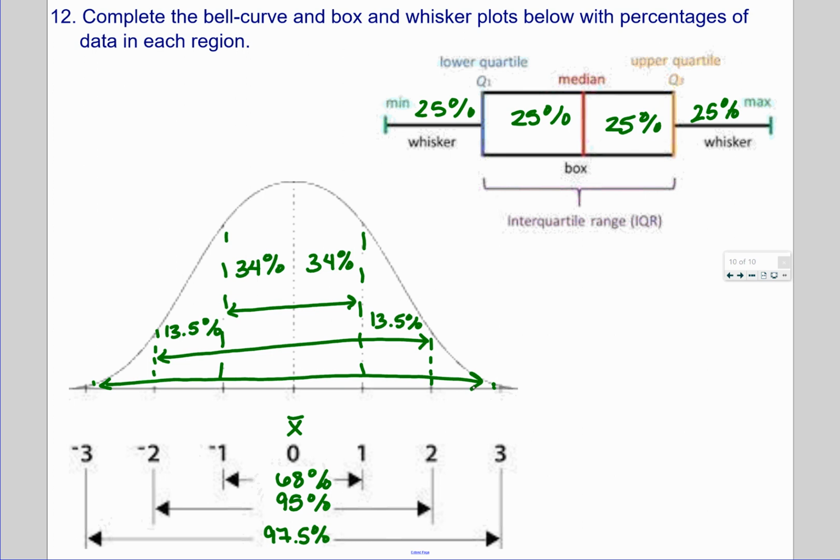And what were those last little percentages? 1.25, 1.35, something like that. Must be 1.25, right? No, that's not right. I've got 2.5. 2.35.